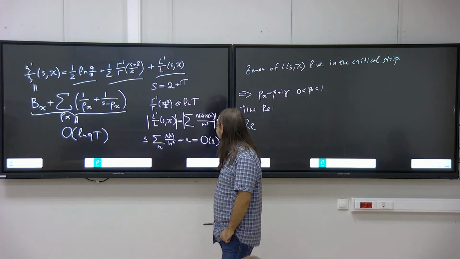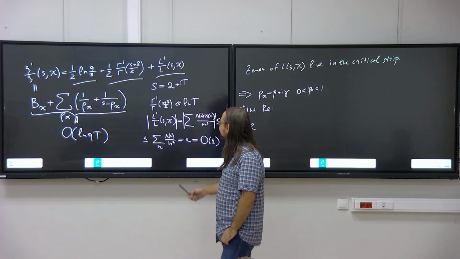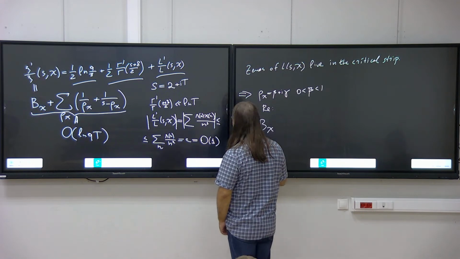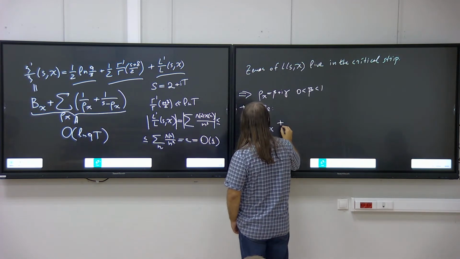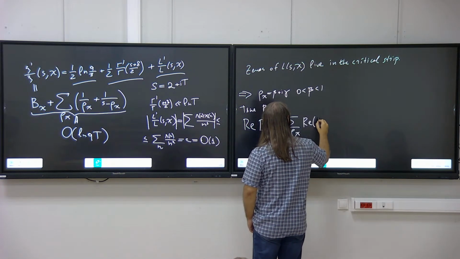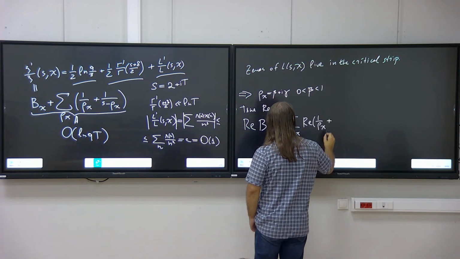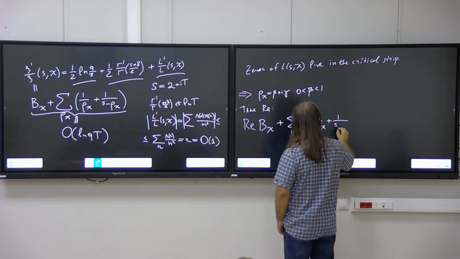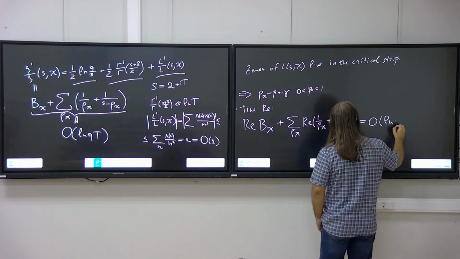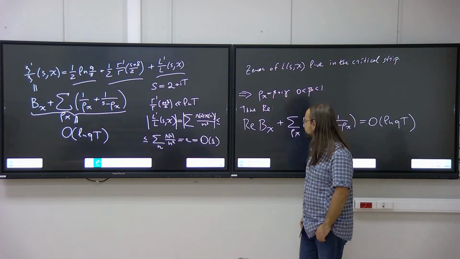Okay. So we have the real part of b chi plus the sum over all rho chi of the real part of 1 over rho chi plus 1 over s minus rho chi is big O of logarithm qt.